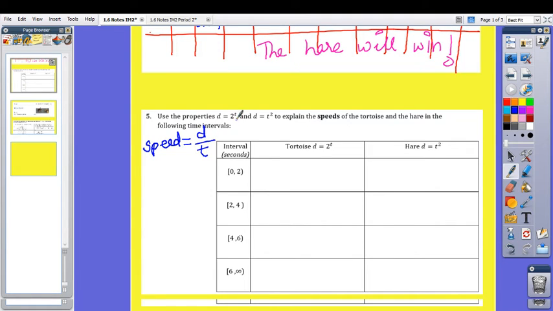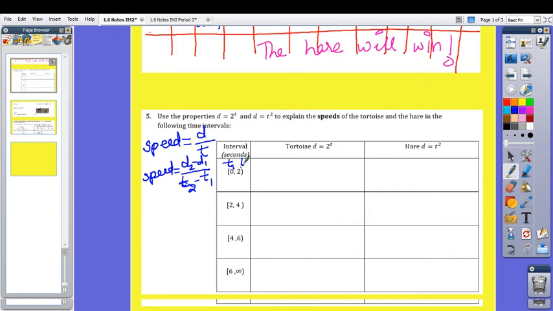Okay, in our case these are the distance formulas. So this is how we will calculate that. We will find the speed between these two times. We will say d2 minus d1 over t2 minus t1. This is your t1, this is your t2.